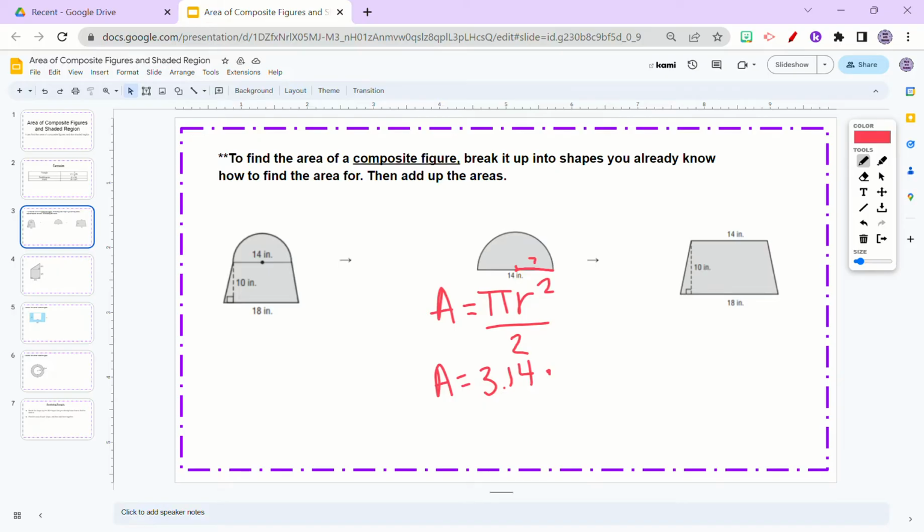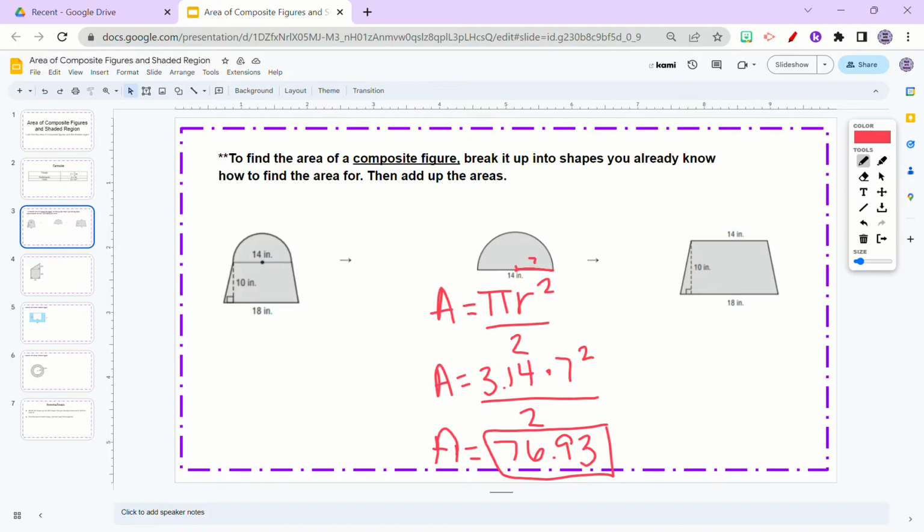So the diameter is 14, so the radius is 7. We have 7 squared divided by 2. 7 squared is 49, so in your calculator you do 3.14 times 49, then divide your answer by 2, and you'll get the area is equal to 76.93.